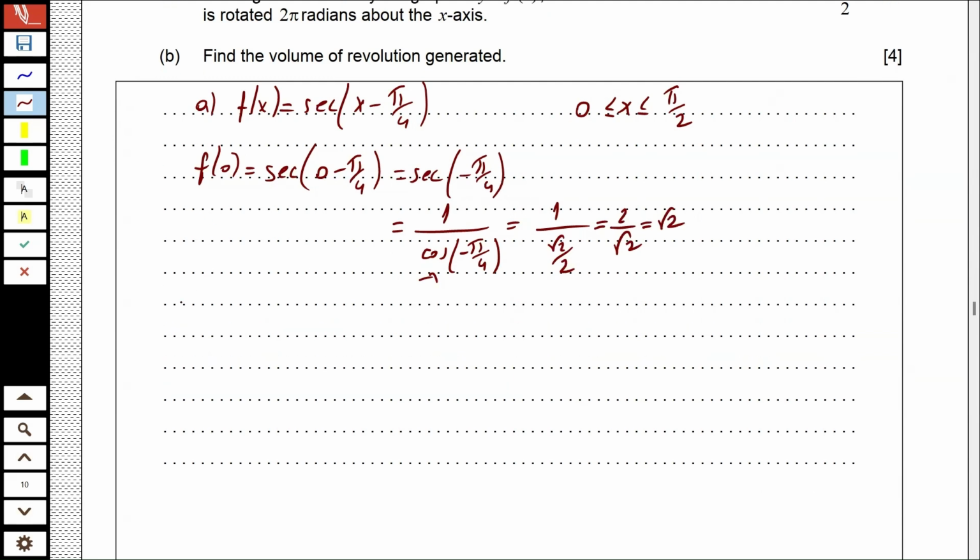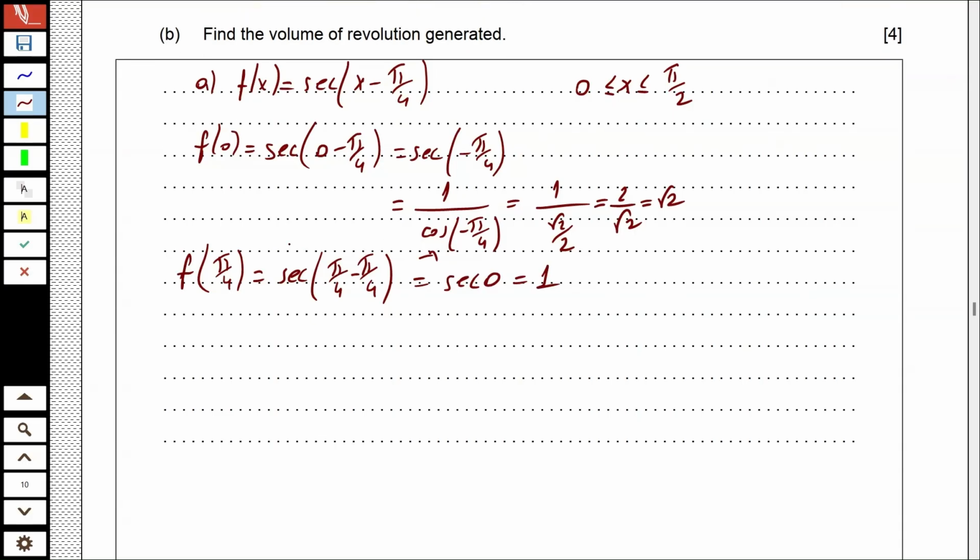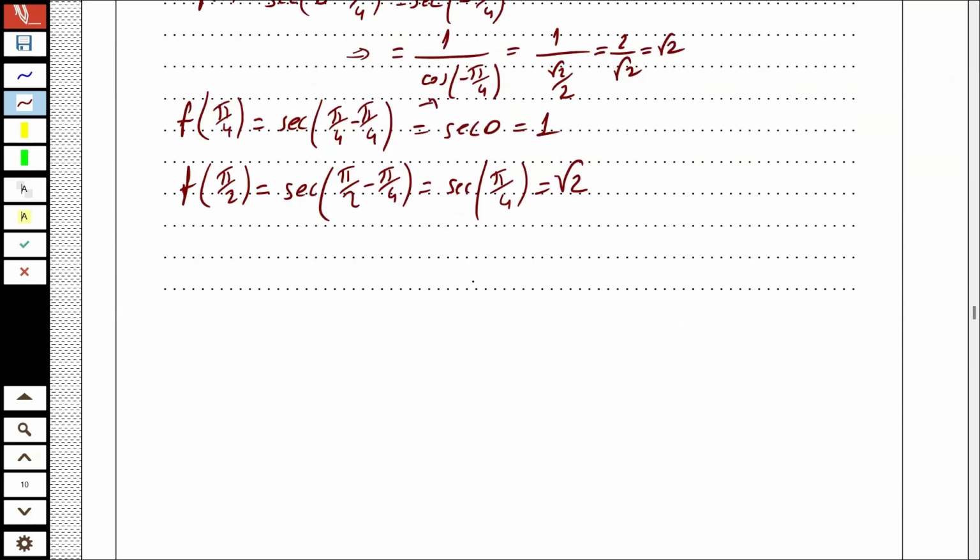If you substitute, for example, pi over 4, secant of pi over 4 minus pi over 4 is secant 0, and it equals 1 because cosine 0 is 1. And if you substitute pi over 2, it's secant of pi over 2 minus pi over 4, secant of pi over 4, the same here. You already found it, square root of 2. From here, it's better to know some fundamental graphs: sine, cosine, secant, tangent.